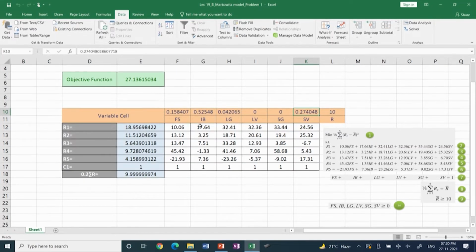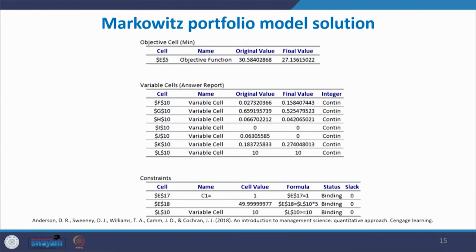Now, I will interpret this result in the lecture. So, the objective function value is 27.13. So, F10 is 15%, G10 is 52%, then 4% and 27%. So, this says about your expected value of our return.